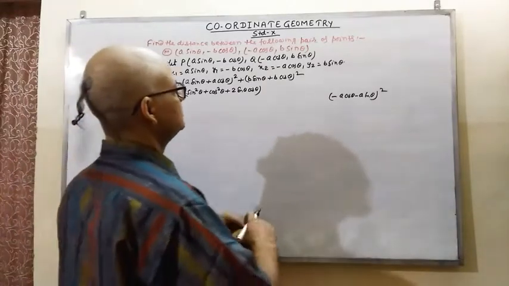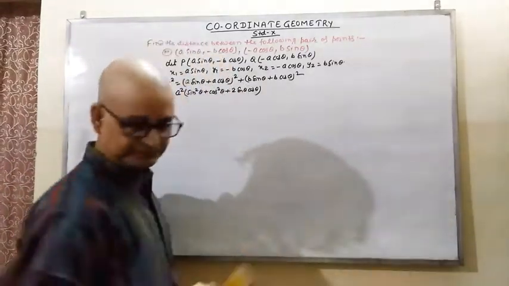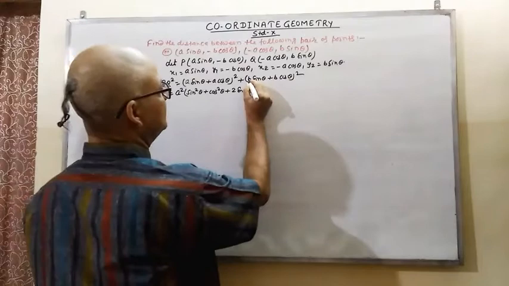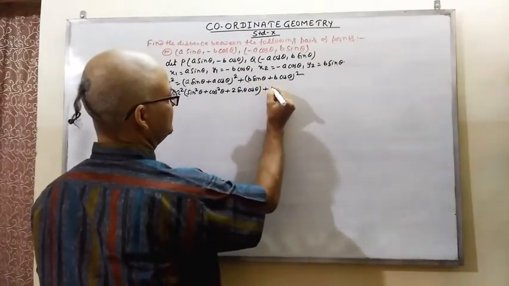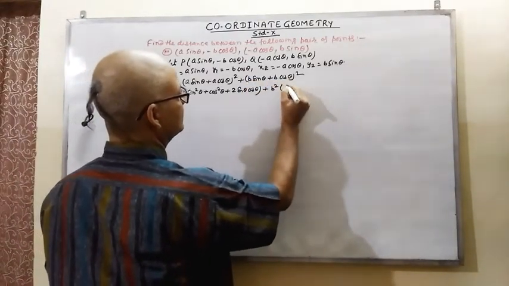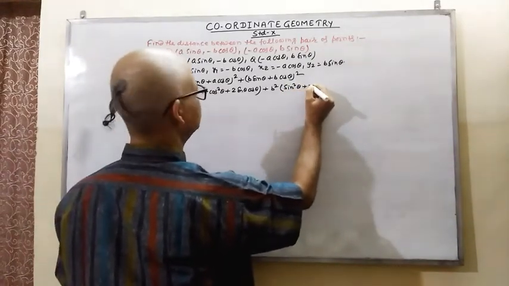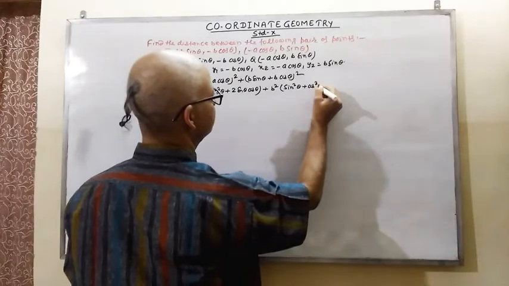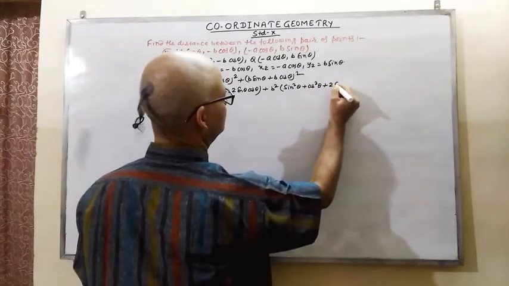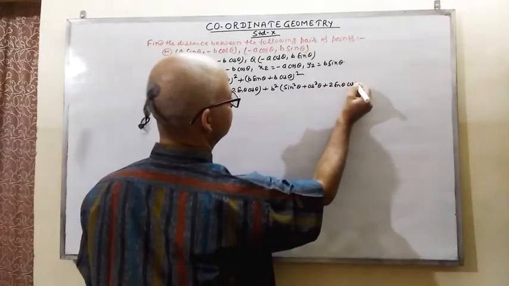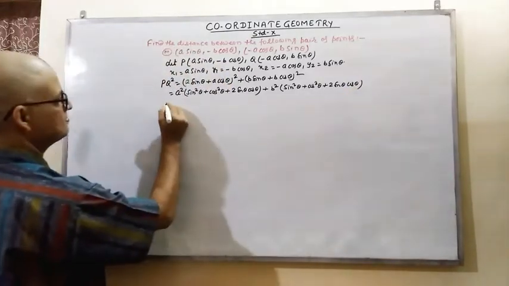And here b common, so b square, sin square theta plus cos square theta plus 2 sin theta cos theta.